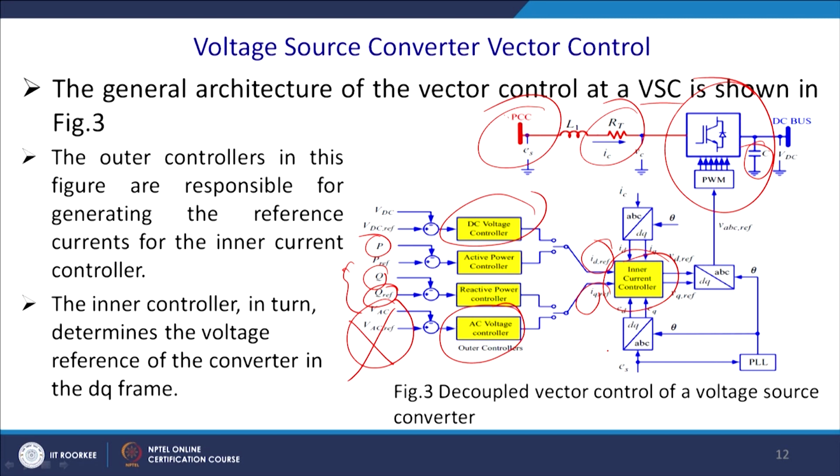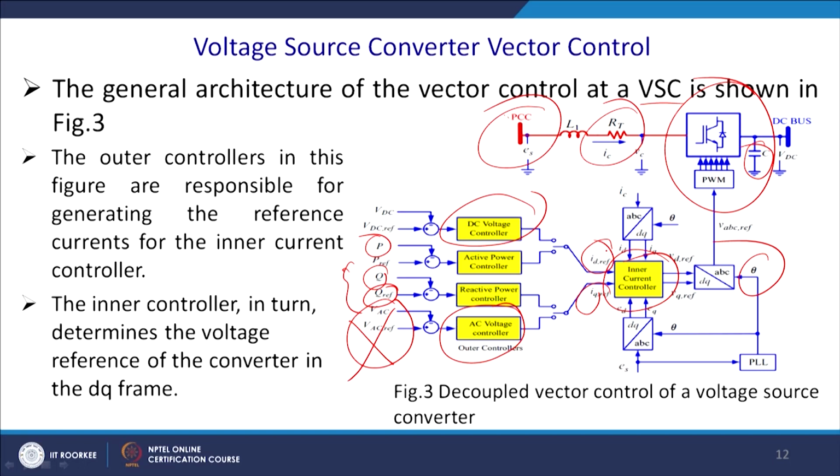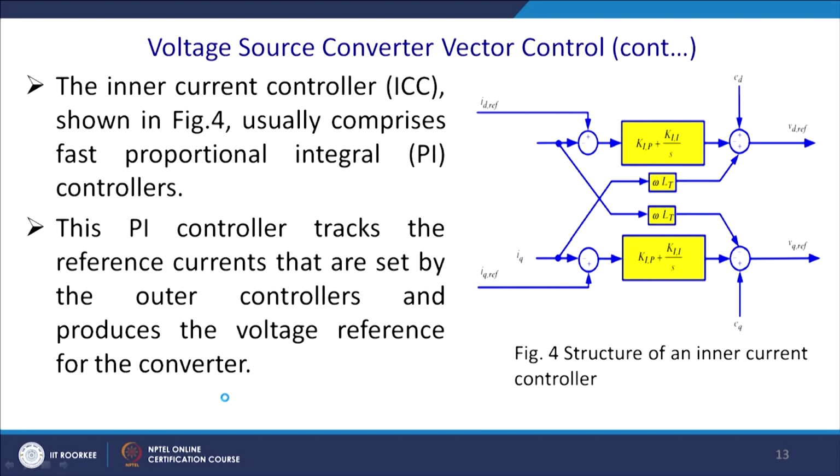In that way, this voltage source converter vector control is used just like the vector control in induction machines. There, from the encoder you sense the speed and the position, and here you sense the theta. The inner controller in turn determines the voltage difference of the converter in the DQ frame. So, hope you have understood it.